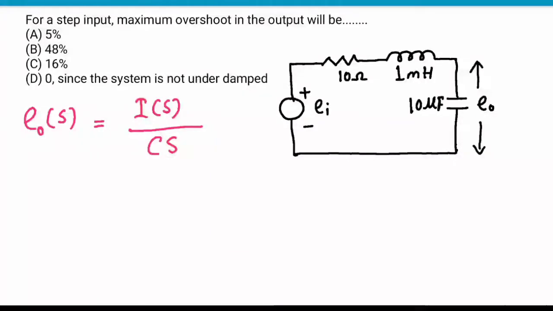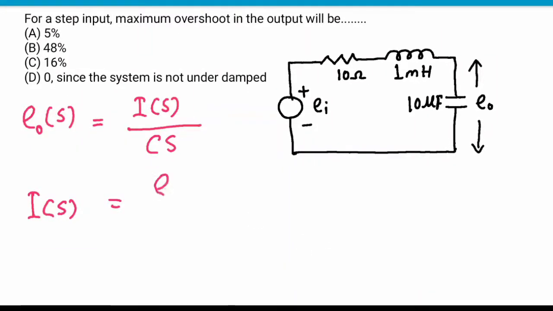So this will be, and Is, what is Is? Is for the whole circuit, that is the current in Laplace transform, will be Ei, that is input voltage, by the whole circuit in Laplace domain.